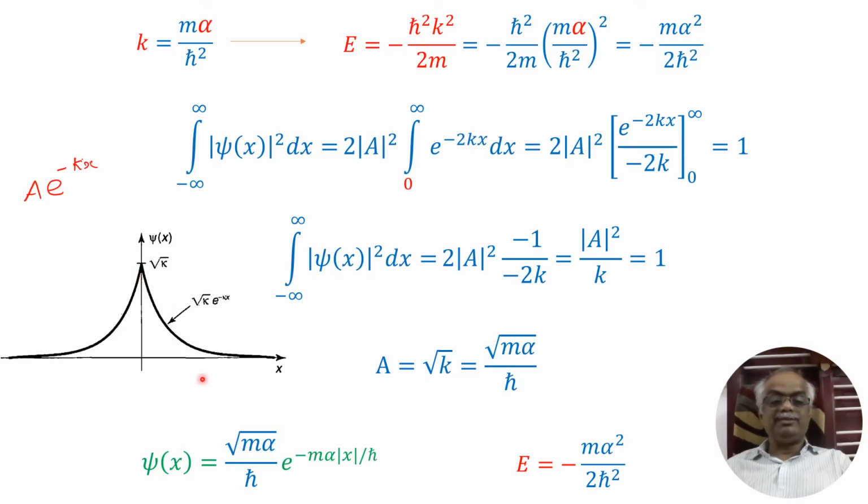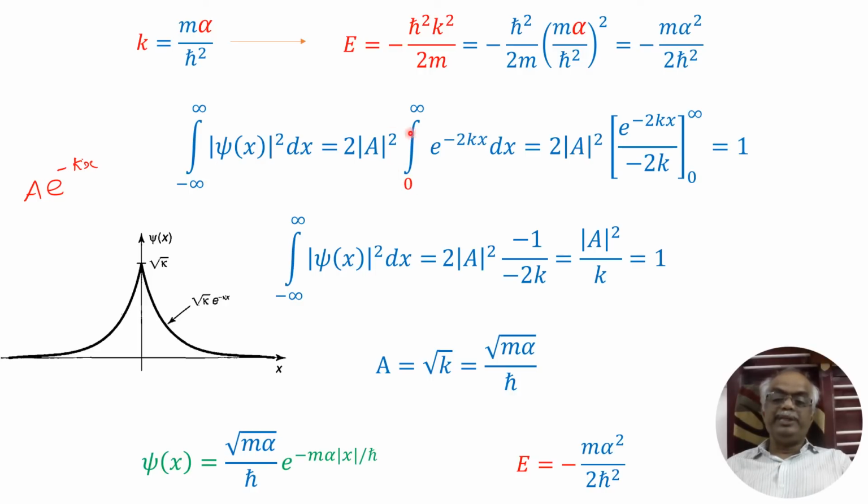So if you square it, you will get e power minus 2kx. This 2 comes because we are changing the limit minus infinity to plus infinity by 0 to infinity.